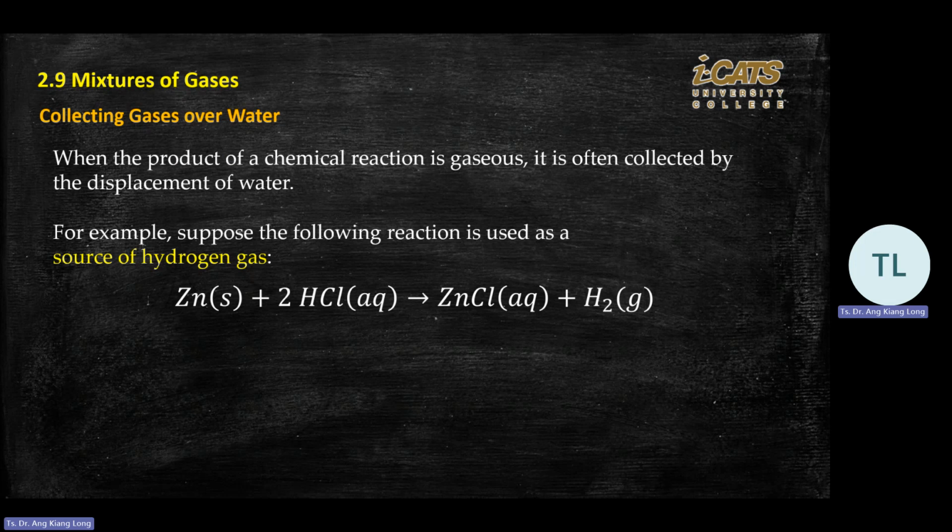Now this one is more on the chemical process. You should be familiar with this. Let's say we have a reaction. This one will be in your chapter 3 onwards. Let's say you have a mixture of zinc plus HCl, which is an acid. Zinc plus acid, you generate a product, ZnCl plus hydrogen.